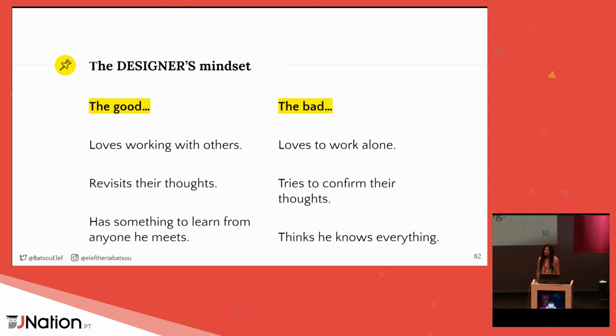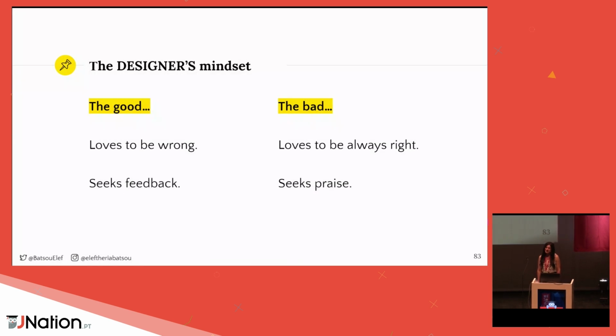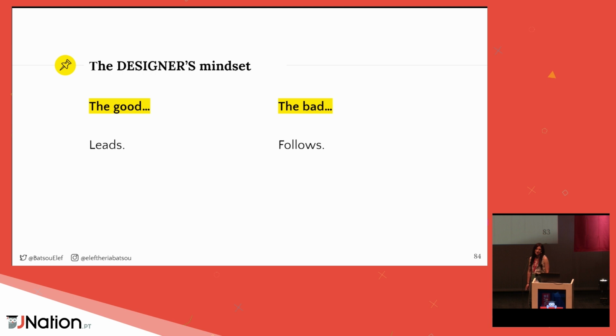The good one loves working with others, revisits their thoughts, has something to learn from everyone, whereas the bad one loves to work alone, tries to confirm their thoughts, and thinks they know everything. The good one loves to be wrong and seeks feedback, whereas the bad one loves to be always right and seeks praise. The good one leads, whereas the bad one follows.